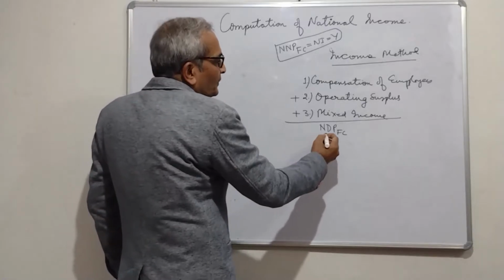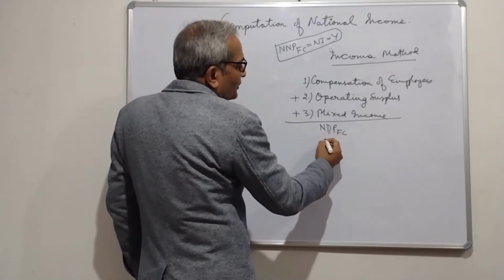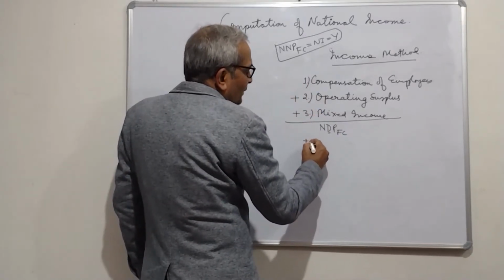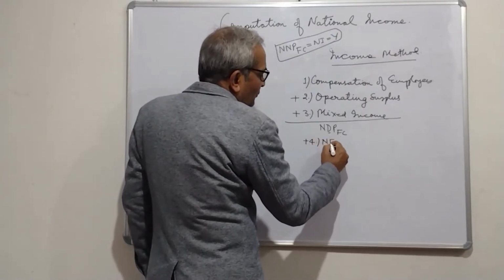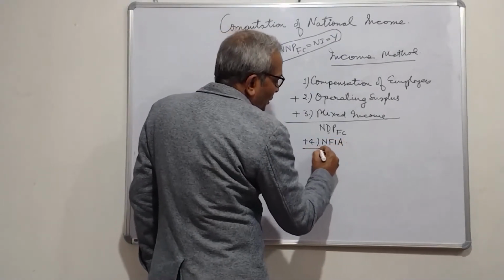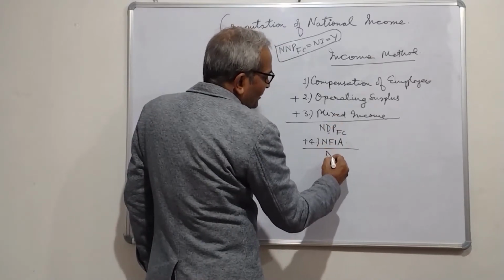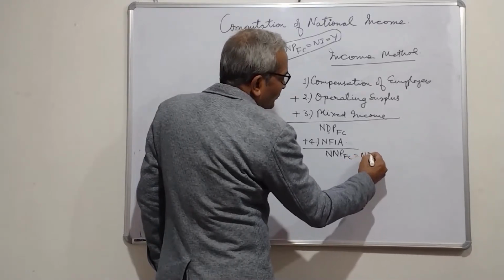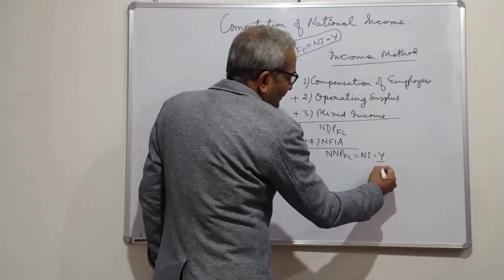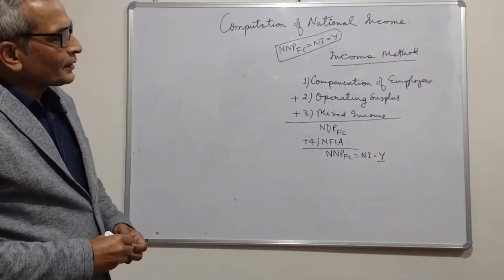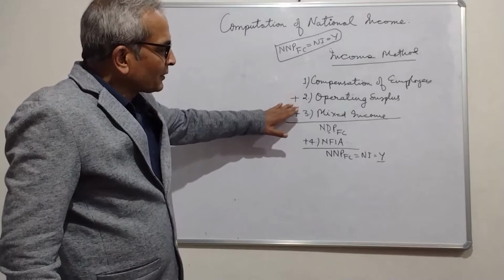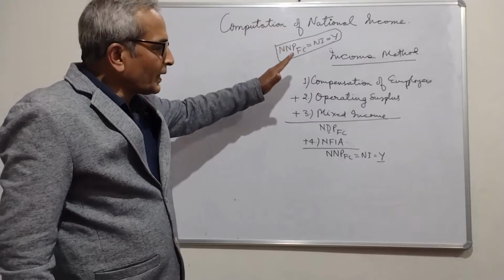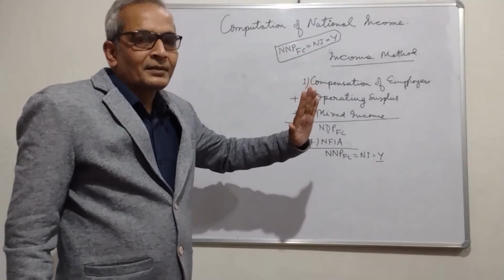So here we have domestic product. To convert this domestic into national, as you might recall, we have to add NFIA to it, net factor income from abroad. When we add this, we get NNP at factor cost, which is equal to national income and denoted by Y. So these are the four main parts of the income method. When we add up all of them, we get national income.